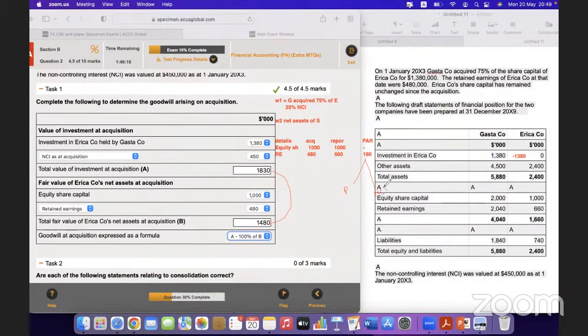Giving it to parent and NCI in the sense like this. From 180, 75%, which is the parent's proportion, should be marked in the working for retained earnings. Normally, this 180 comes from retained earnings.